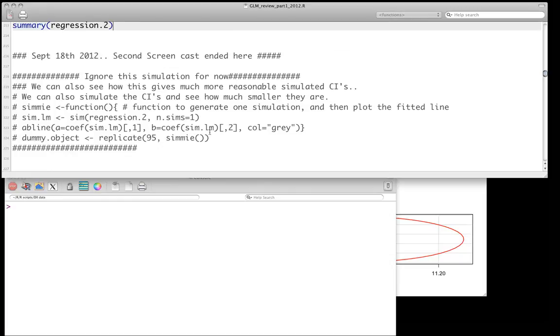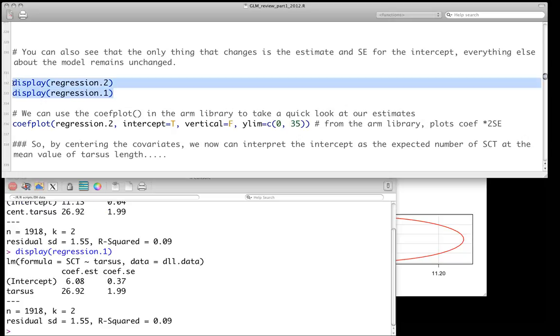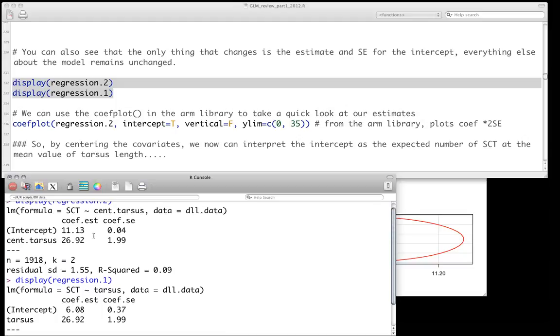Okay, we're going to ignore the simulation again. For people who care, there's another function, part of the ARM package rather. Gelman and Hill like, instead of having the big summary or just the small coefficient display, a slightly extended version, where it has just the coefficient estimates and the standard errors associated with those estimates.